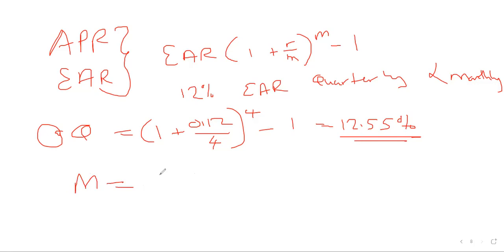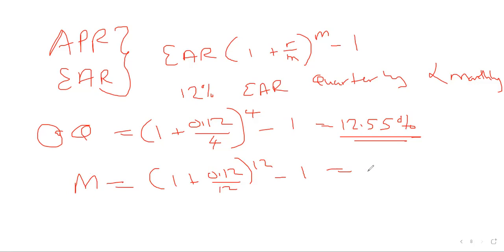If it's monthly, what are we going to do? 0.12 over 12, plus 1, the power 12, minus 1. So 12 divided by 12 plus 1 to the power 12.